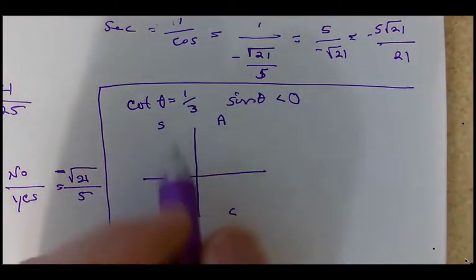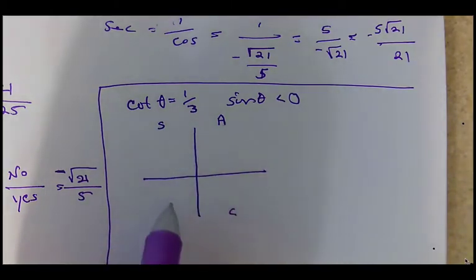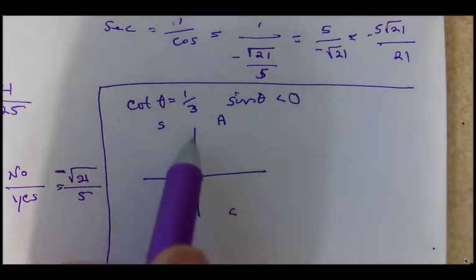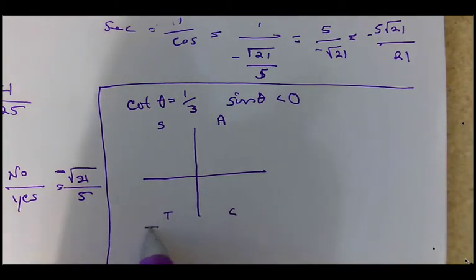We know that we're positive only in areas 1 and 3, but we have a sine of theta that's less than 0, so it only is less than 0 in this location. So with that being said, we know that it exists here in quadrant 3.